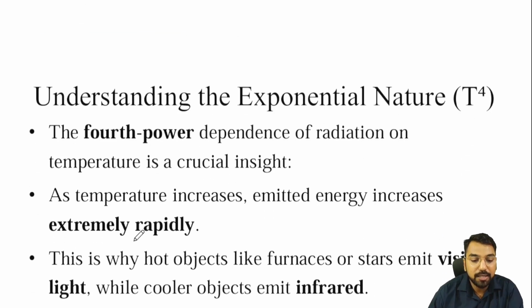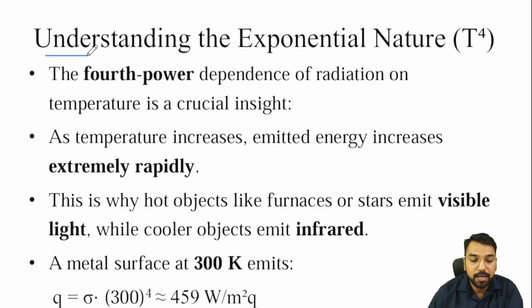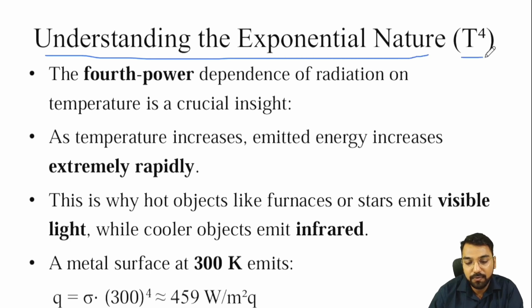So, understanding this exponential nature of temperature, and why it is necessary? Because, as we just saw in the earlier slides, if we double the temperature, we can get a much higher quantity of heat transfer by radiation.